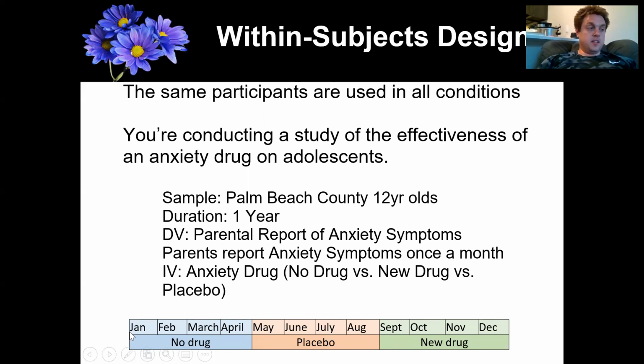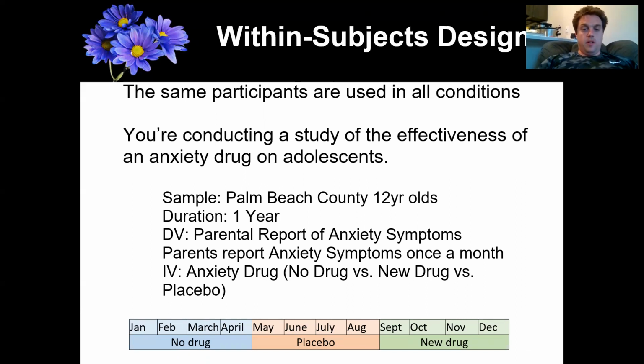People's anxiety levels will probably fluctuate depending on the time of year. So for 12-year-olds, they're probably going to be a lot less anxious in July and August, June, I think, before, I don't know when school starts here for 12-year-olds, but they're probably going to be a lot less anxious when they're not in school and they're just having fun over summer, right?